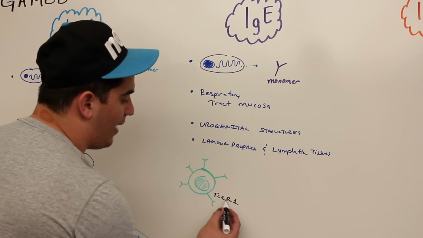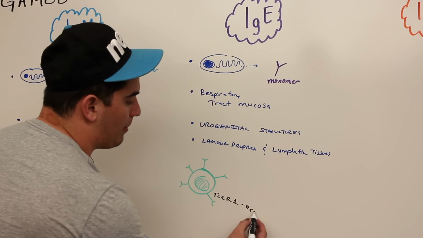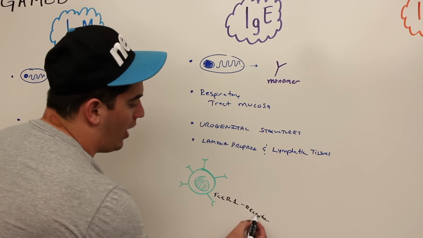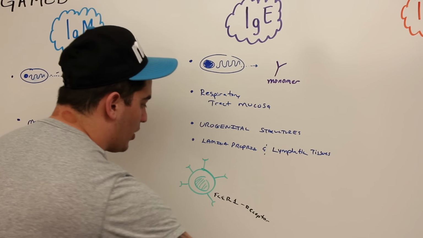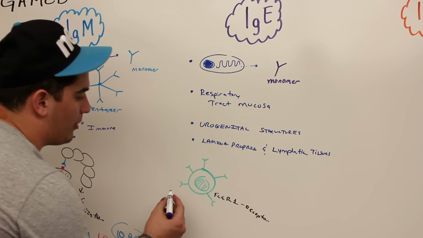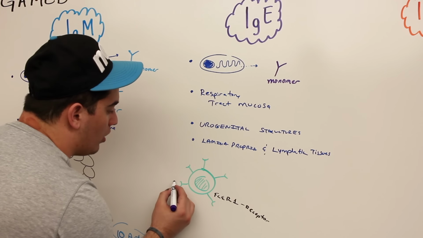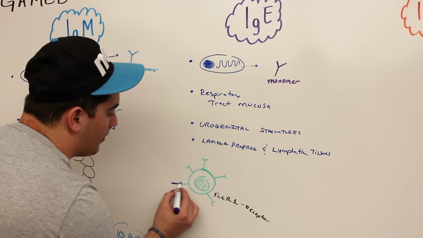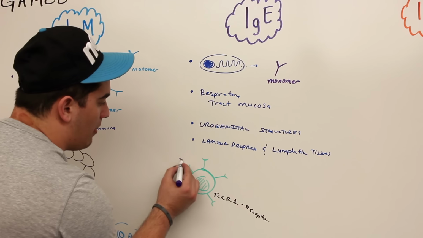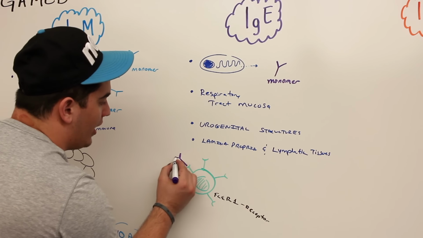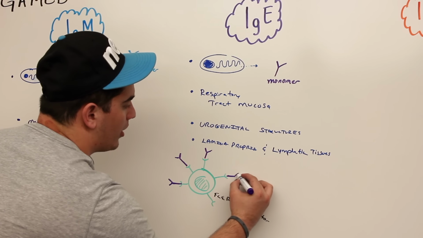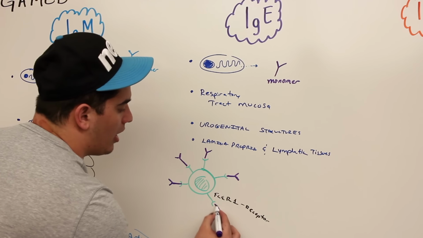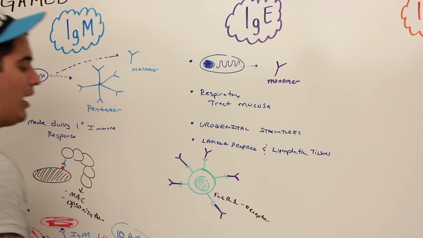So this is the Fc epsilon R1 receptor. Why do I mention that? Well, you see this monomeric antibody? Whenever there's some type of inflammatory response, that monomer will literally bind in right here. So now you have the Fc epsilon R1 receptor bound with the monomeric IgE antibody.